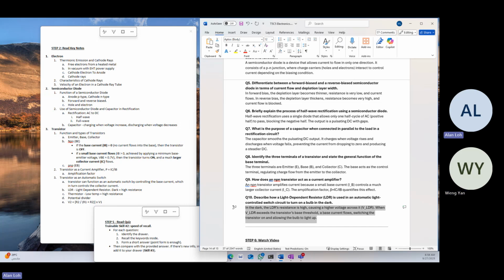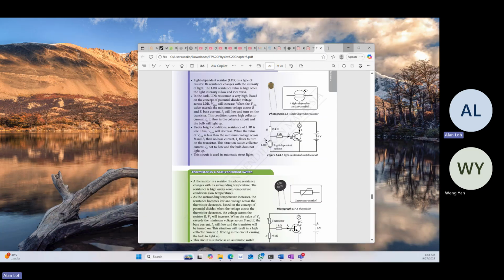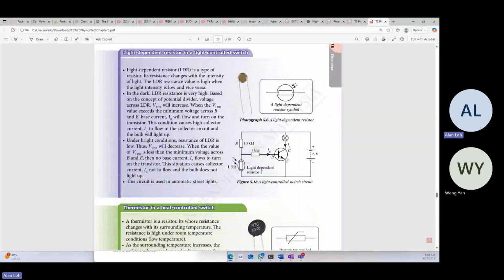All right. I suddenly thought of something interesting. All right, this one, let's zoom in a bit. This is LDR. When it is dark, then it will turn on the light because this is a light. What if I put this LDR and I swap it over here, and this R, I swap it over here?